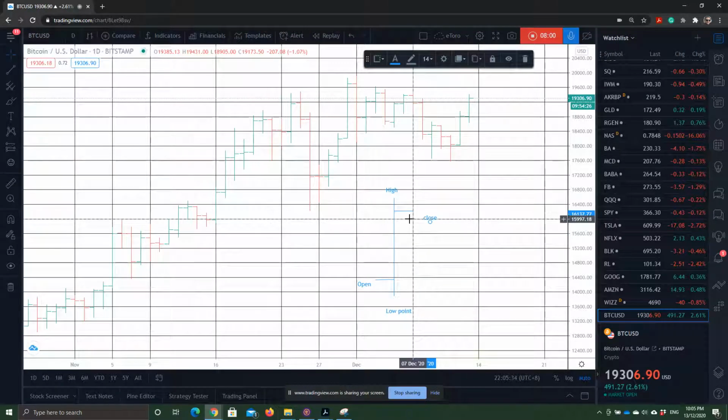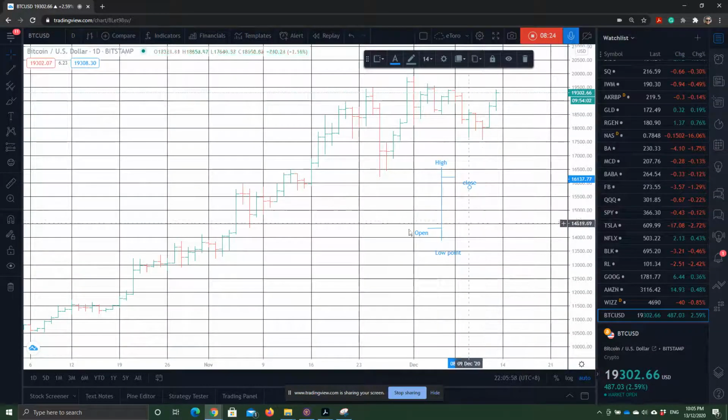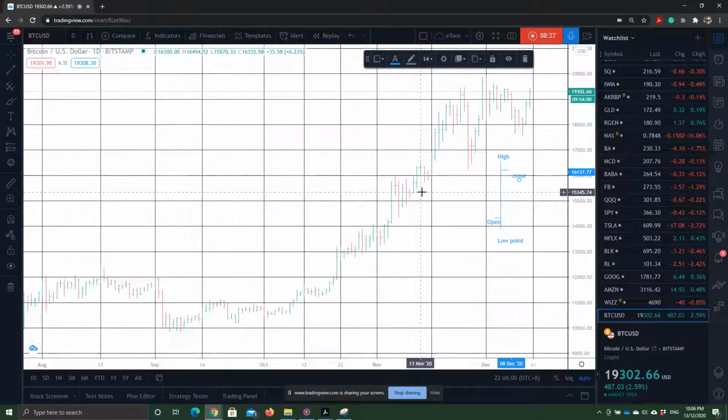We have high, the top of the vertical line, which is the highest price of the time period. And we have low, the bottom of the vertical line, which defines the lowest price of the period. As you can see, we can get a lot of information from this type of chart.